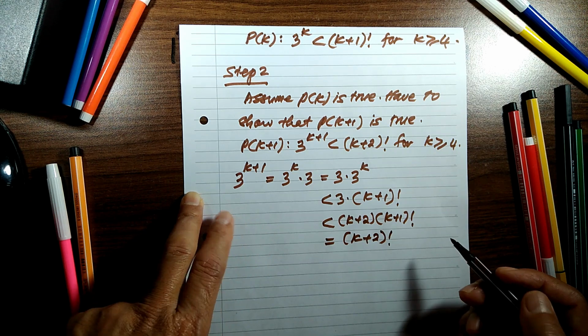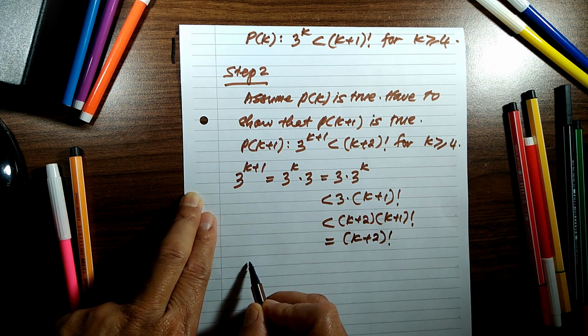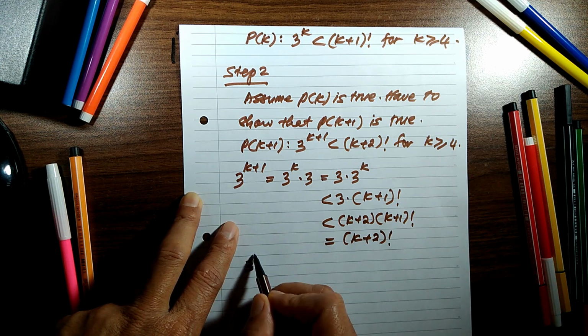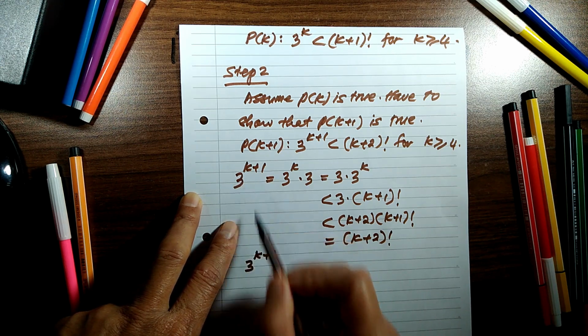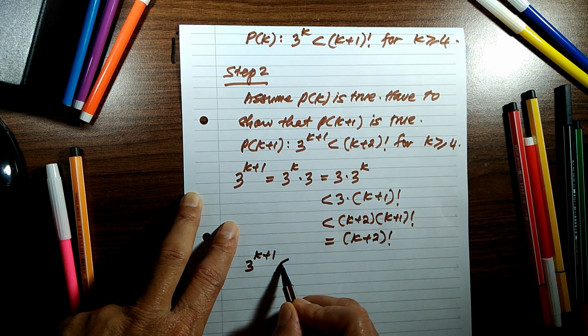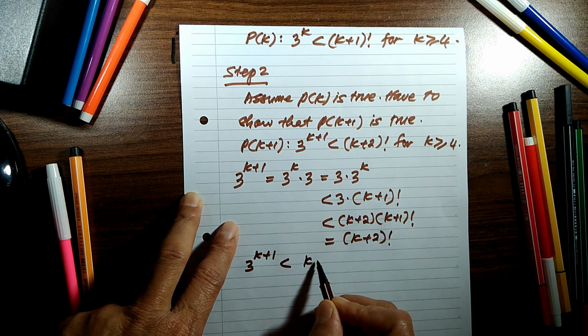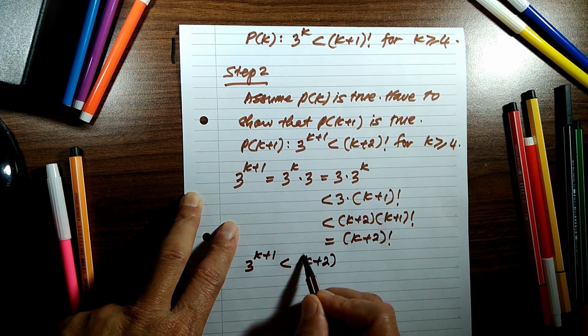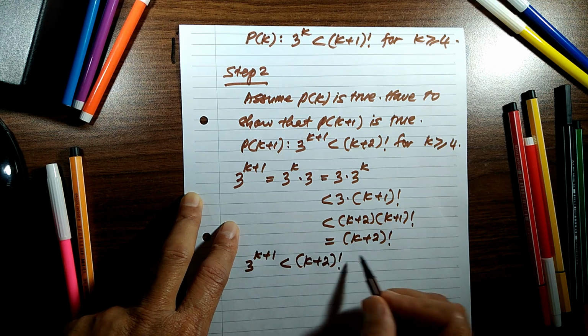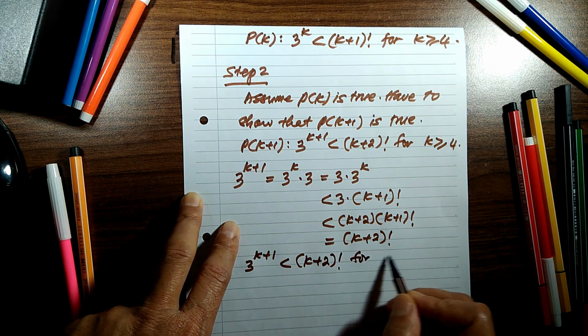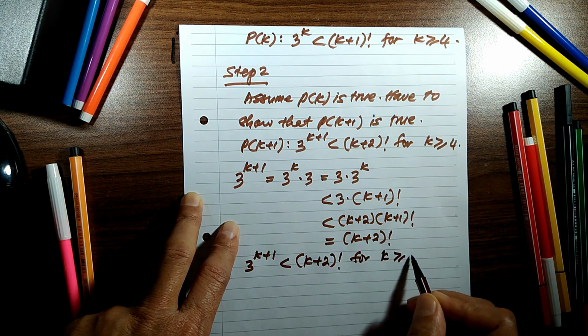So we have 3 to the power k plus 1 on the left hand side, this term, is less than (k plus 2) factorial, for k greater than or equal to 4.